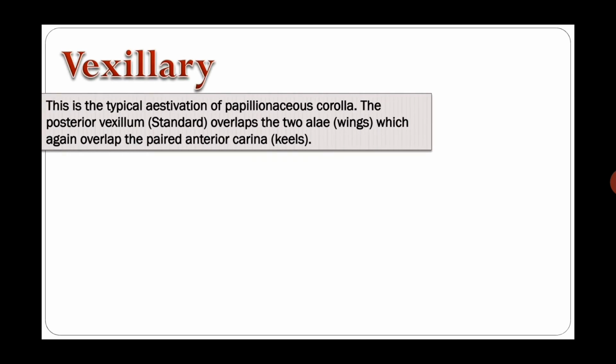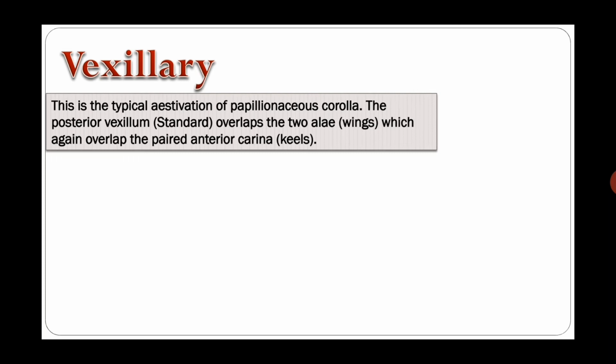Then the last type of estivation is vexillary estivation. So friends, this is the typical estivation of papilionaceous corolla. Papilionaceous corolla means, we know, this corolla is also called butterfly shaped corolla, and this is found in the family Fabaceae or Papilionaceae, which is the subfamily of the main family Leguminosae.